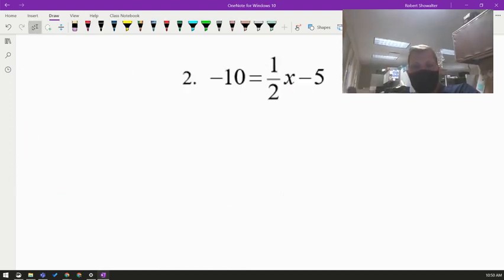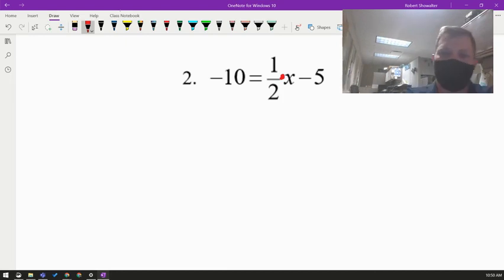Over here with number 2, look at how to get rid of it, which bond on the variable is weaker. Is it times or is it minus? Well, it's minus. Again, it's the inverse operations, order of operations as well. The very last thing we would do with order of operations would be add and subtract. So we're going to get rid of that first if we can.